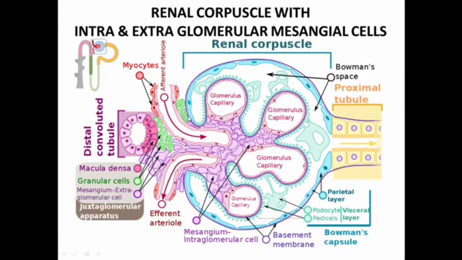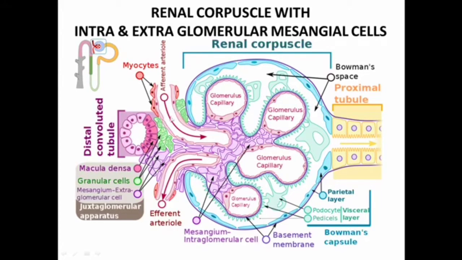Another thing you can see: the basal side of the macula densa is in close approximation with these juxtaglomerular cells, and in a paracrine manner, they stimulate these cells to secrete the renin.